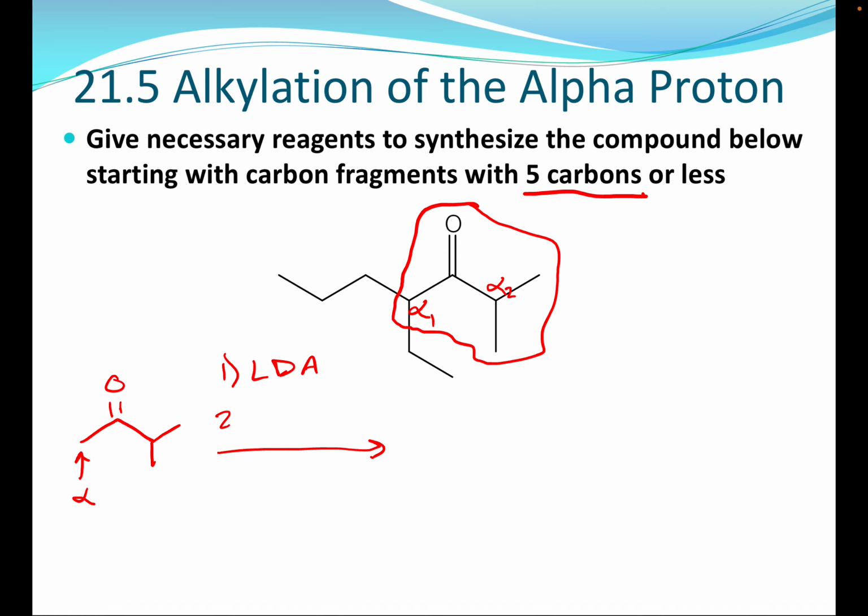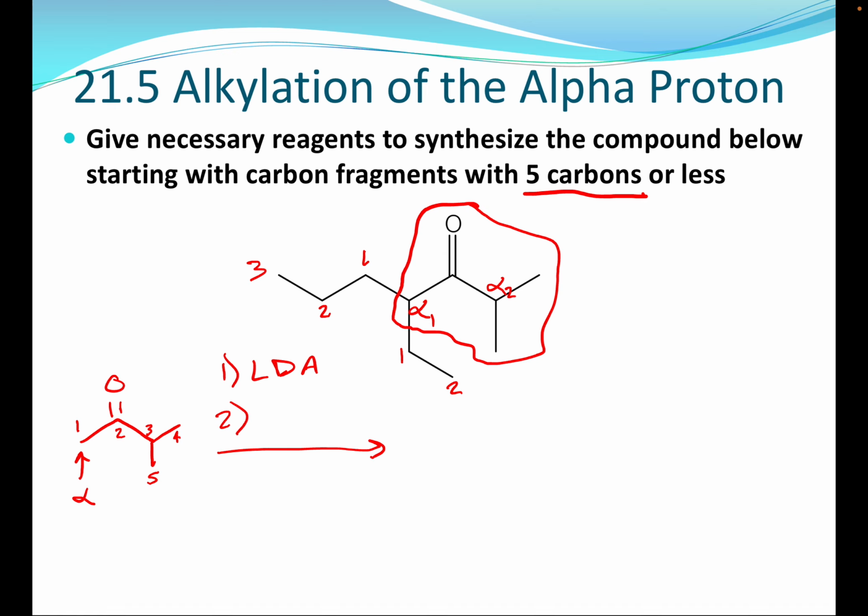And then step 2, we would want to introduce an alkyl halide. Well, we have an alkyl halide, one that has 3 carbons and one that has 2 carbons. And if we're counting our starting ketone, just to double check, we have 1, 2, 3, 4, 5. So by breaking up our molecule in this way, our largest molecule has exactly 5 carbons.